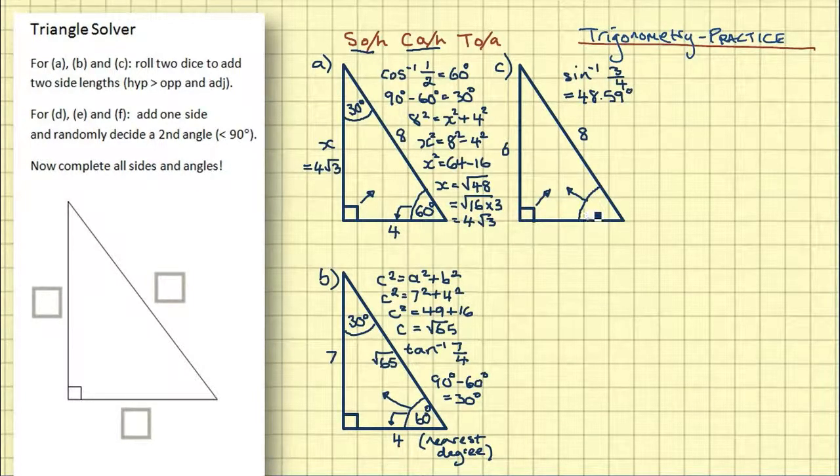Now I'm not going to fit that in. Let's say to the nearest degree it's going to be 49 degrees. To the nearest degree. Let's just write that underneath. Nearest degree.